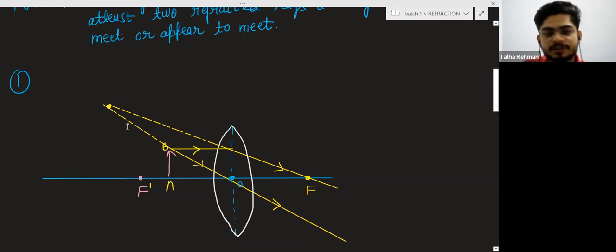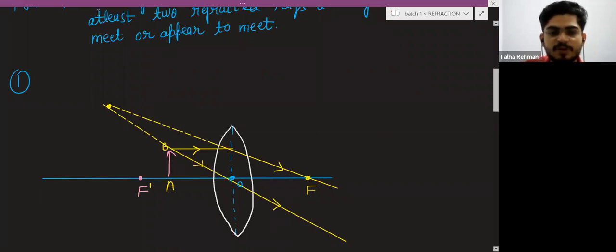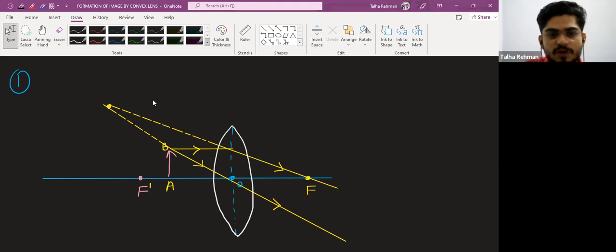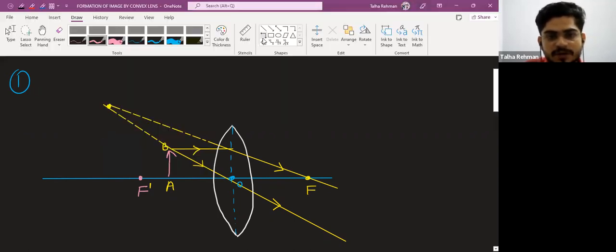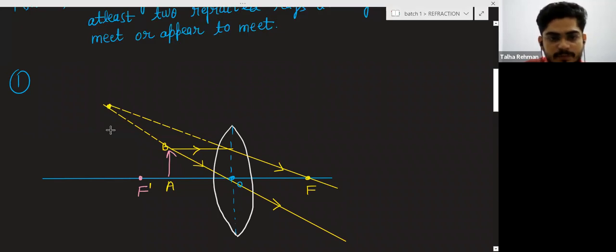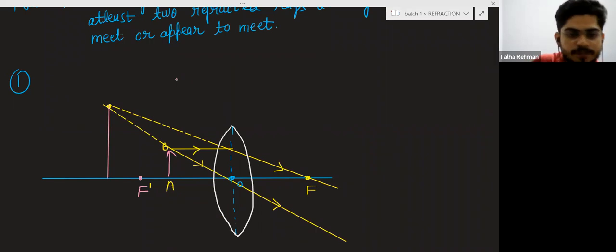These dotted rays mean I have just extended the path of these rays in the backward direction, and in the backward direction these rays are just appearing to meet, and we have got our image. This is the image we have got of the object AB.